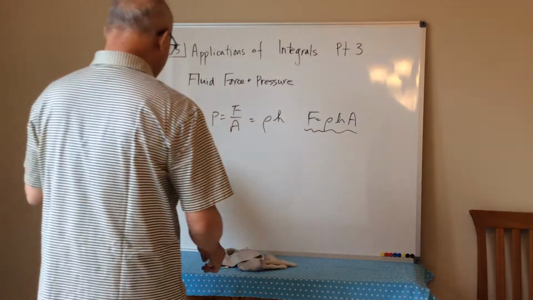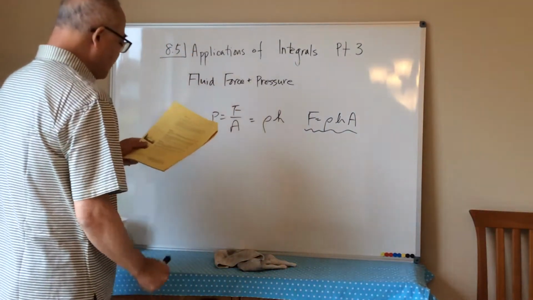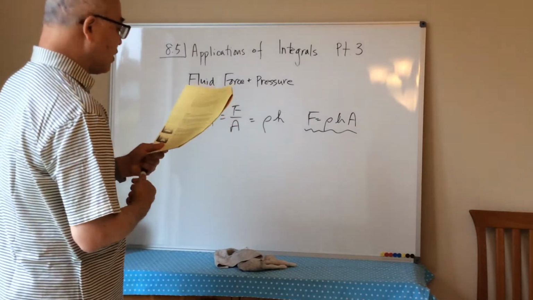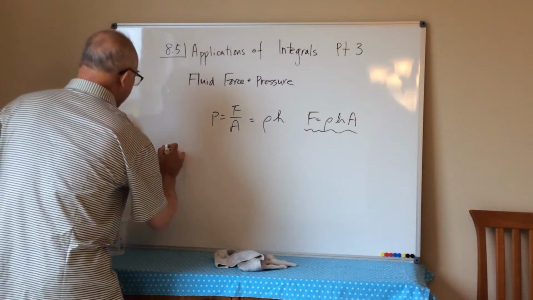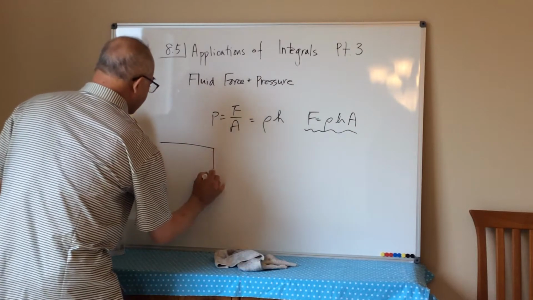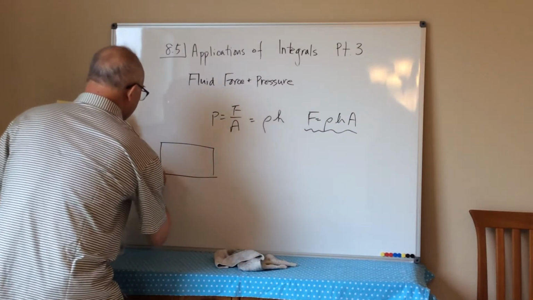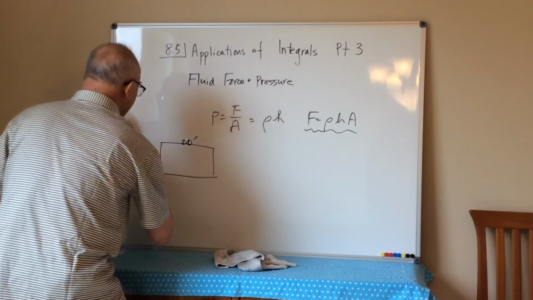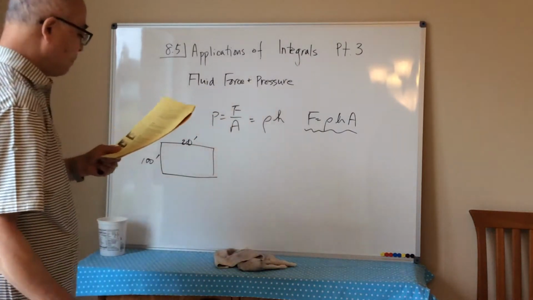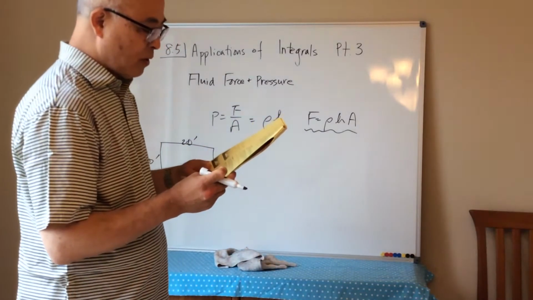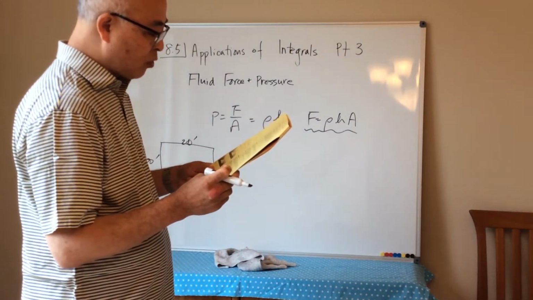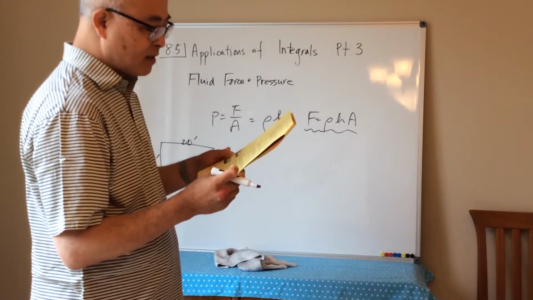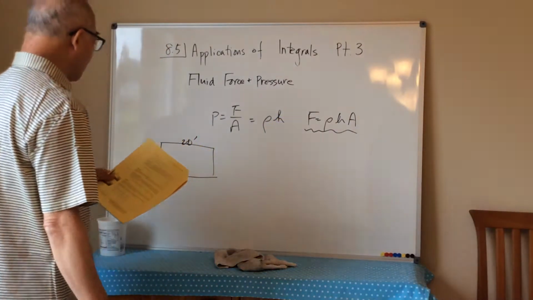Example number 3. The face of a dam is a vertical rectangle of a height of 100 feet and a width of 200 feet. So we have a dam face that is 100 feet deep and 200 feet wide. Find the total fluid force exerted on the face when the water surface is level with the top of the dam, okay?